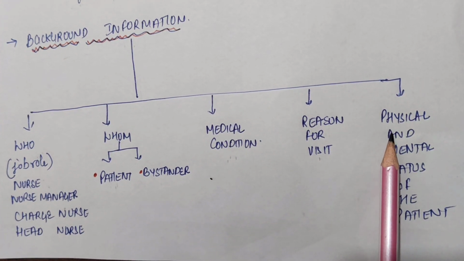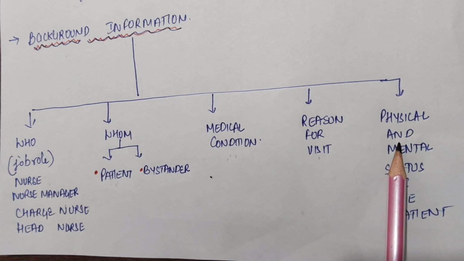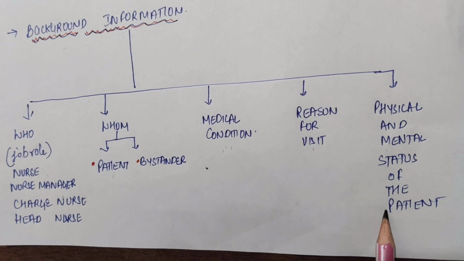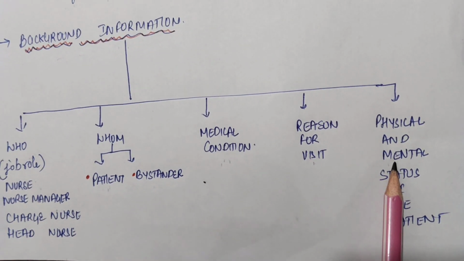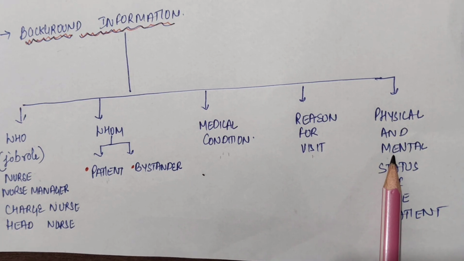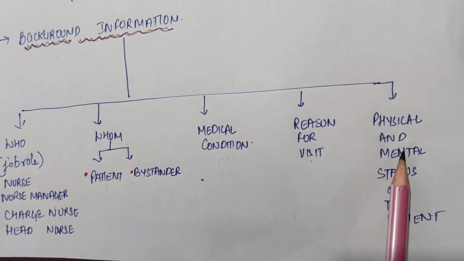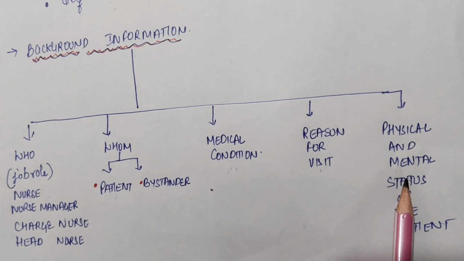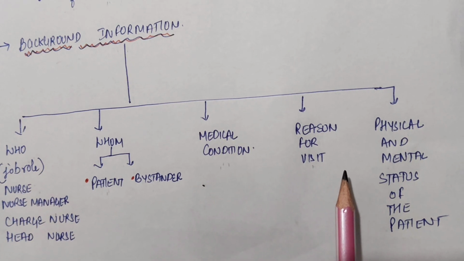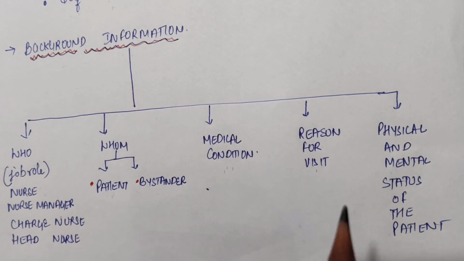And at the last, we can check the physical and mental status of the patient, such as the patient being anxious or nervous about his medical condition. So this is the second part of the role play card.